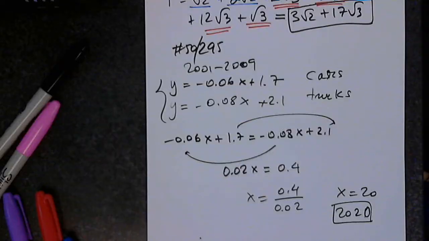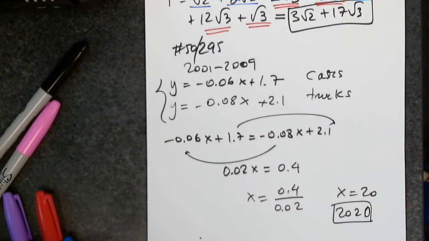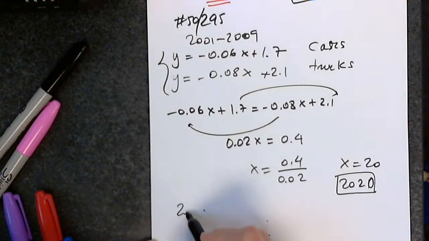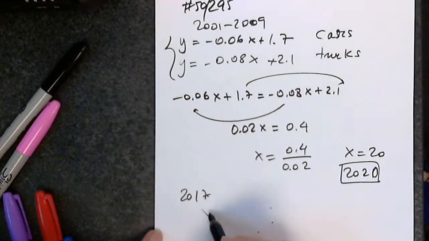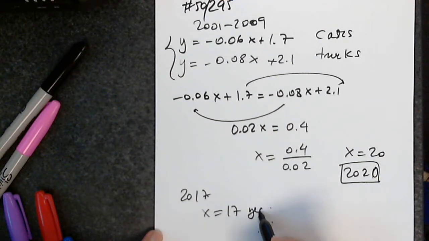Part B. Use these equations to predict the fatality rate per million vehicle miles for autos and light trucks for the current year. The current year is 2017, so therefore x equals 17 years.